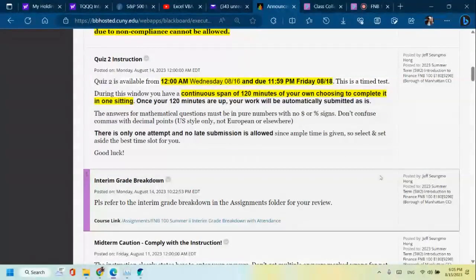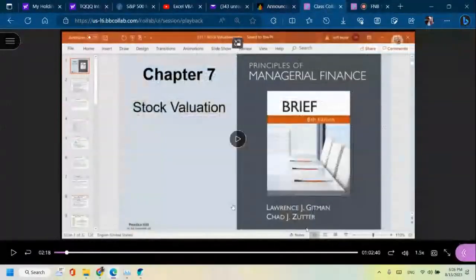We've covered enough materials for quiz two. It's going to cover basically bond valuation and risk and return part one. And I don't know if you have realized, but this week is the last week. Next week we have Monday and Tuesday, but pretty much this week is a critical point, right? So just reminding you that it's there, and let's continue.